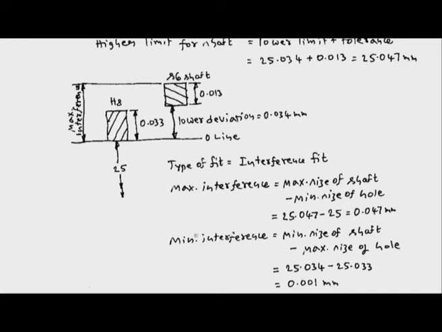That means, there is an interference of 1 micrometer. So, in order to fit the S6 shaft into the H8 hole, we have to apply some force and then we can get the interference fit.